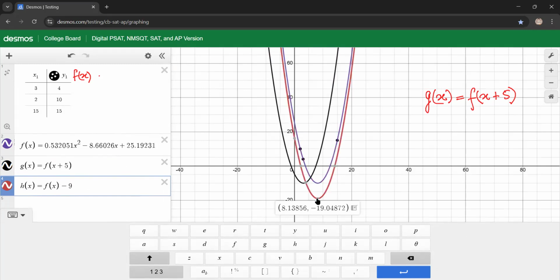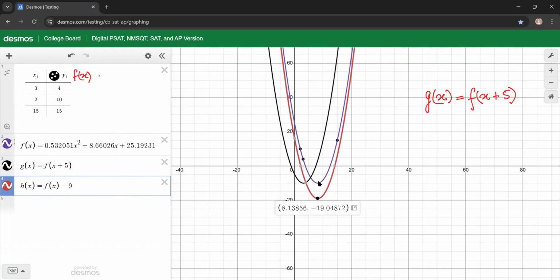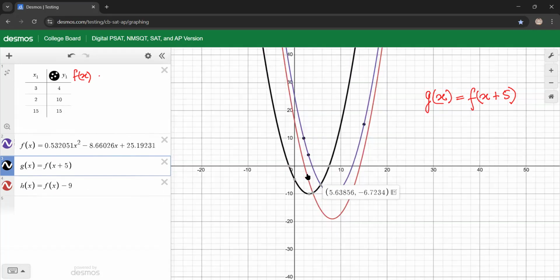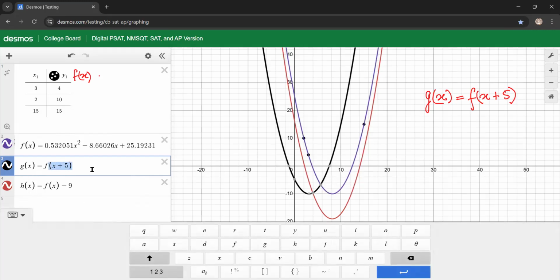So the red graph is the purple graph translated 9 steps down. The black graph is this purple graph translated 5 steps left. Horizontal translation: whenever you are adding or subtracting anything to the x, it is a horizontal translation. If you are doing some addition or subtraction to the whole function, it is a vertical translation.